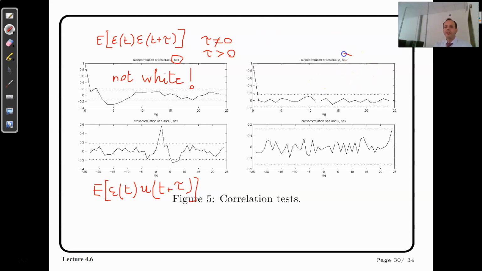And you can notice here that for n equal to 2, you have that the autocorrelation, so epsilon is white, and epsilon is uncorrelated with respect to U.